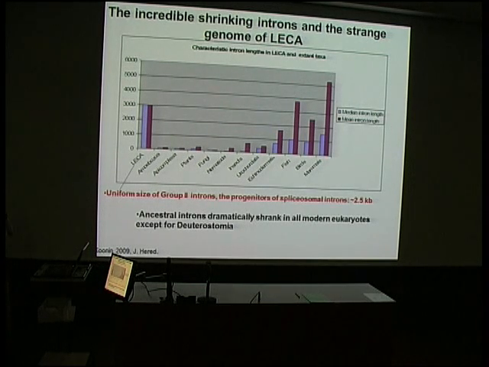So in order to understand this, we need to recall that spliceosomal introns, the introns interrupting the eukaryotic protein-coding genes, come from so-called group II self-splicing introns, a particular type of mobile genetic element that is found in bacteria, some archaea, and mitochondria of protists, fungi, and plants.